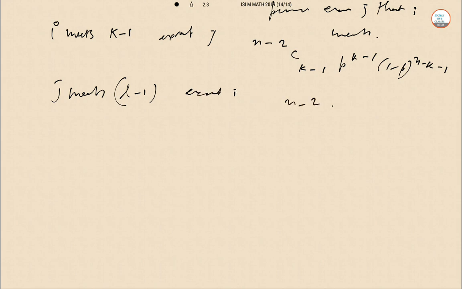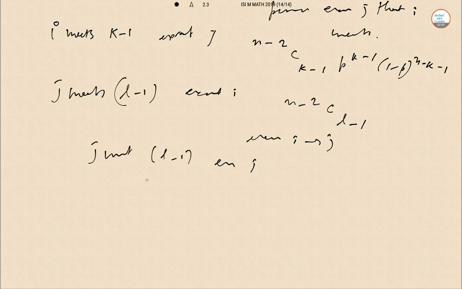So C(n-2, l-1) choices for the persons except i that j meets. So the probability that j meets l minus 1 except i in this case will be C(n-2, l-1) p^(l-1) (1-p)^(n-l-1), only k is replaced by l.